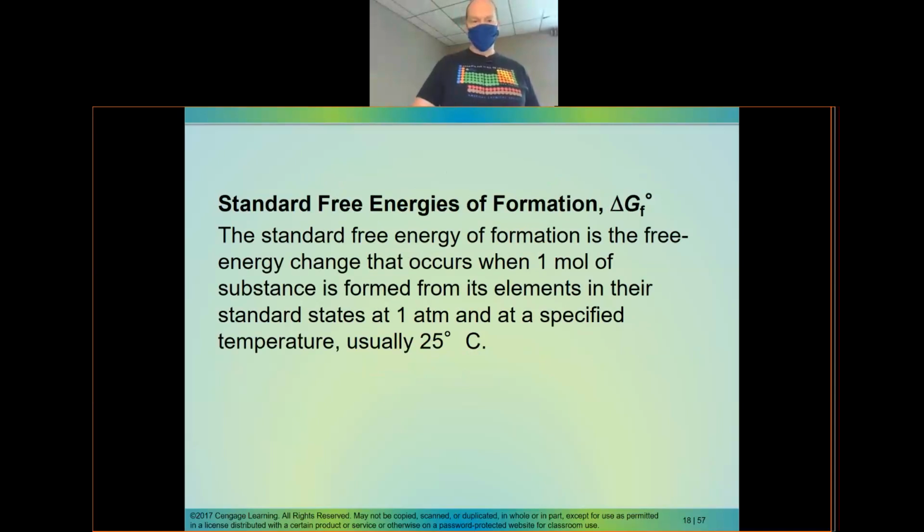All right, so free energies of formation. Just like we did delta H, we're going to have our chart again of delta G's, and it is the free energy of formation. All right, and so to form an element in its natural state, that is a 0 value, just like it was for delta H. So all delta H's that are 0, those delta G's will also be 0.